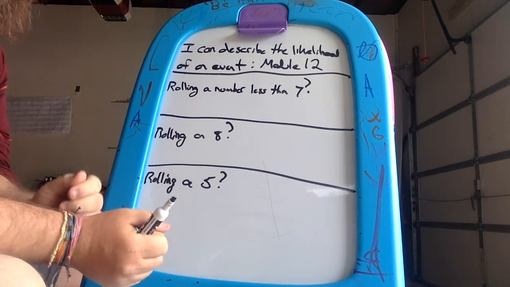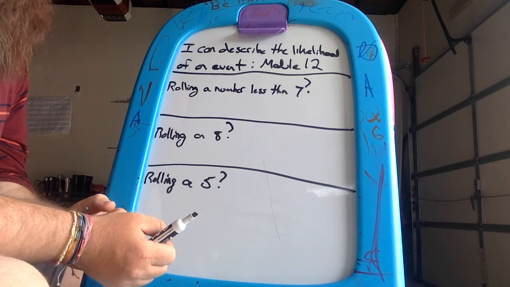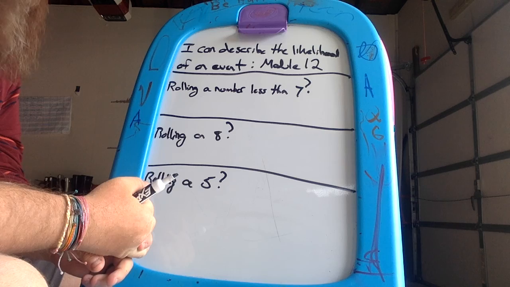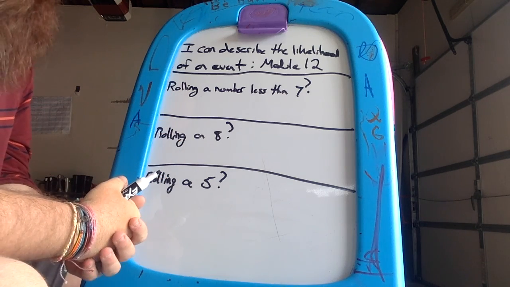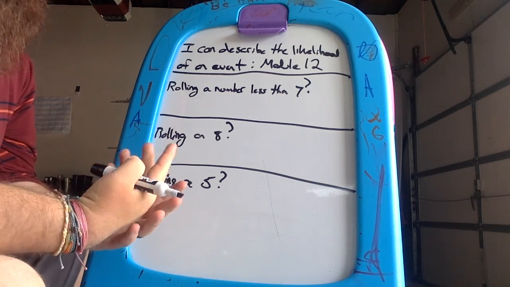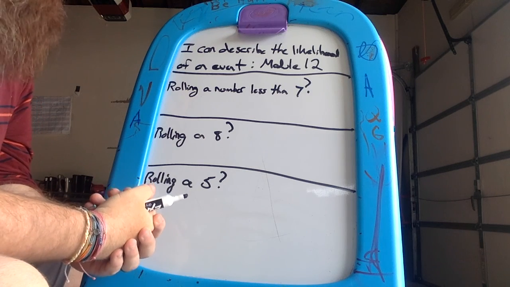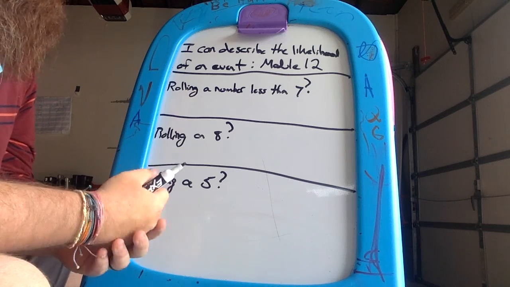So what does that mean? I can describe the likelihood of an event. Think about board games or a deck of cards, or, as we're going to go over in a second, rolling dice or candy. Let's give a real world example. We've been quarantined for a while, so think of candy. One of my favorites is Skittles.